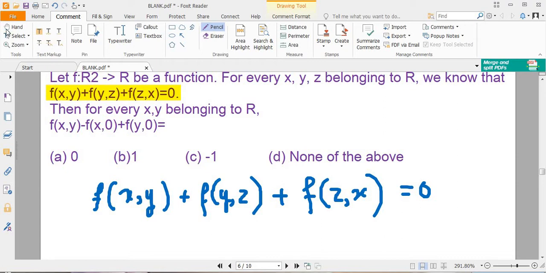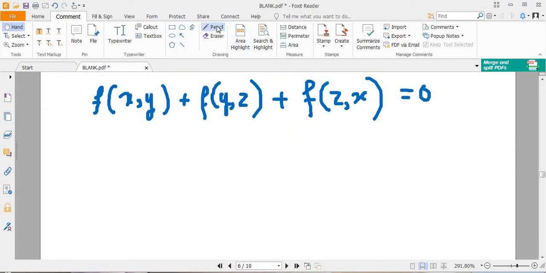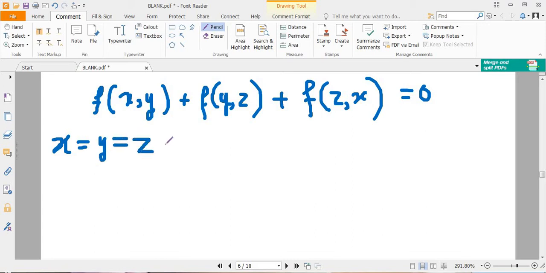They have given this. Now, as I said before, I'm not saying it's for every sum, but usually what we need to find out is the value of f(0,0). So what we'll do first is put x equal to y equal to z equal to 0.